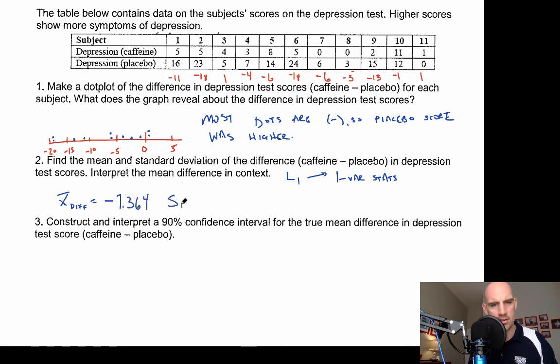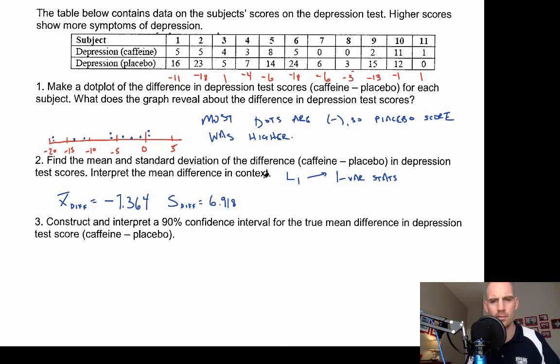And the standard deviation of my difference was equal to 6.918. Okay, so the sample mean was negative 7.364, and my sample standard deviation was 6.918.